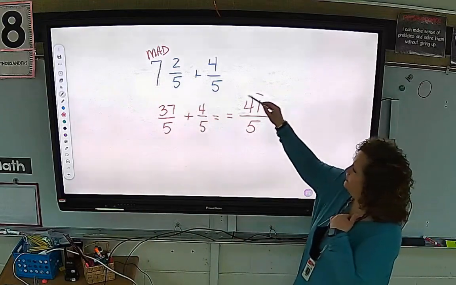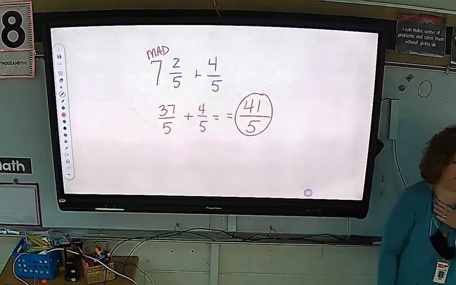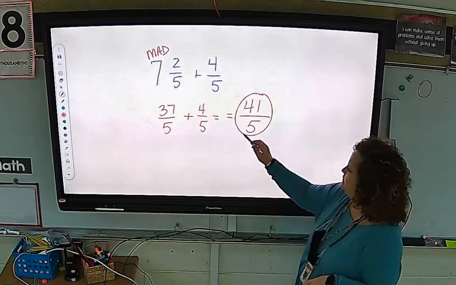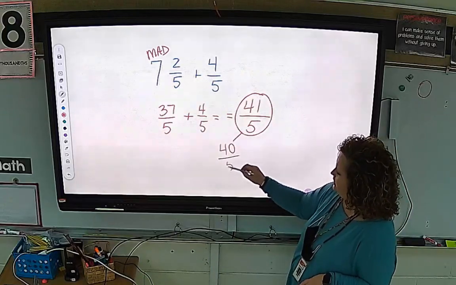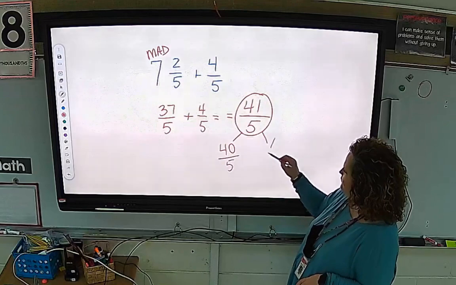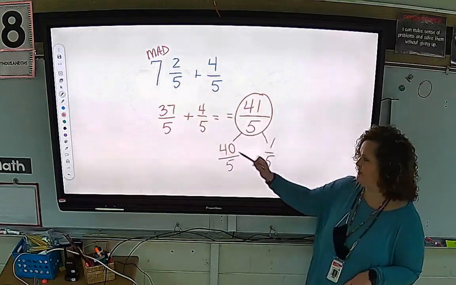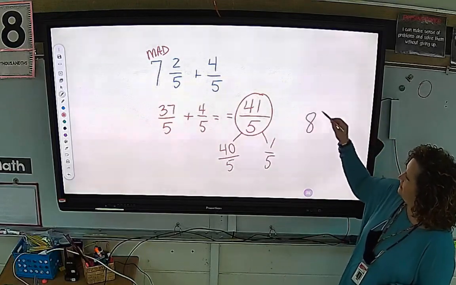No. How many times can I pull 5 out of 41? That's real close to a fact family. Yep. 8 times. In fact, you can do it like this, because I know 5 times 8 is 40. And then I'd have 1/5 left over. Or you could pull 5/5 out 8 times. Okay, so your final answer is 8 and 1/5.